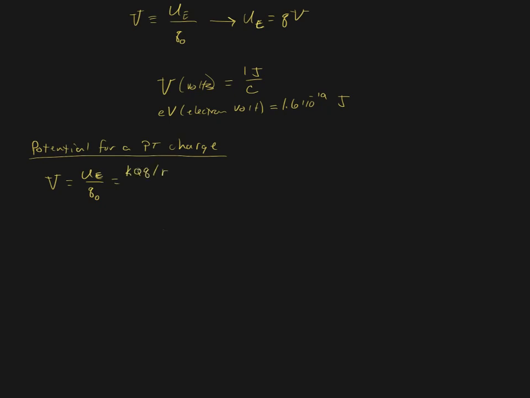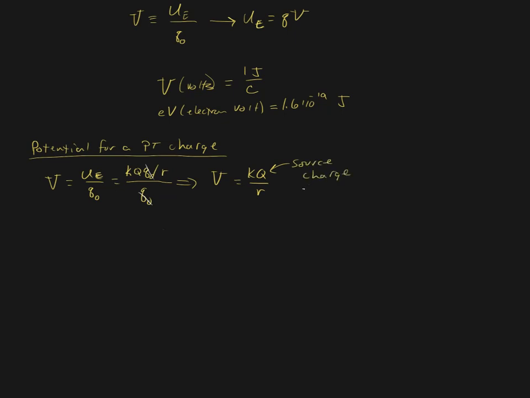So capital Q is the source charge, little q is our test charge, and r is the separation distance between them. And we divide that by q naught. So the test charge we always write as q naught. So what happens? q naught cancels out, and we end up with the potential V is equal to kQ over r. And that Q is the source charge.